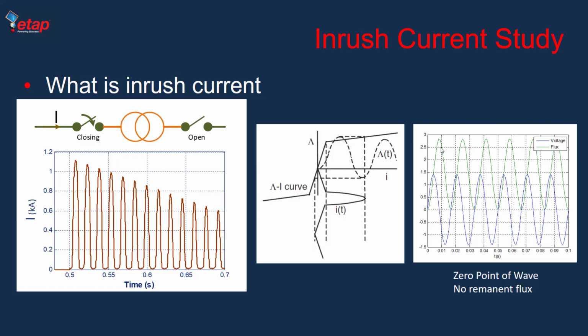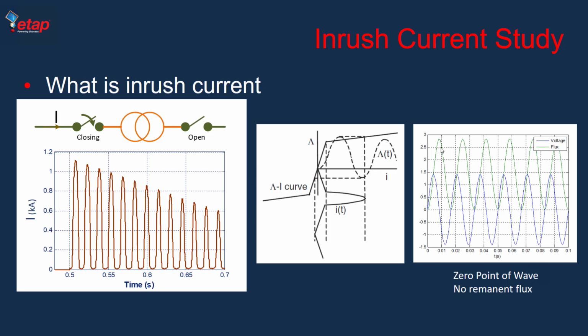Another interesting feature that we added to ETAP 20 was support for the inrush current study. In this study, we utilize the transient stability module to estimate the magnitude and the decaying time constants of an inrush current.